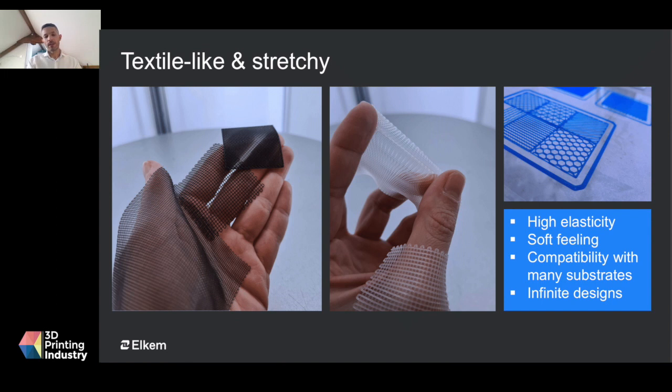And thanks to the low surface energy of silicone, it's really compatible with different substrates. So you can imagine infinite designs and combine different materials together, and imagine new solutions and innovate for different applications.